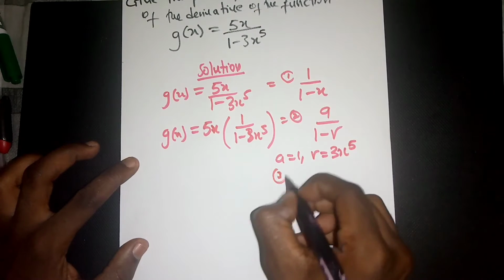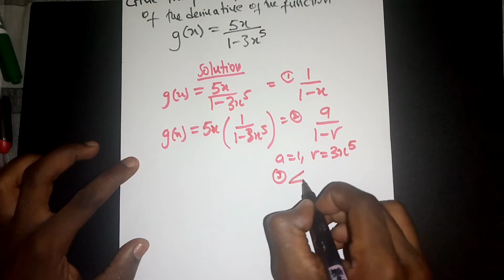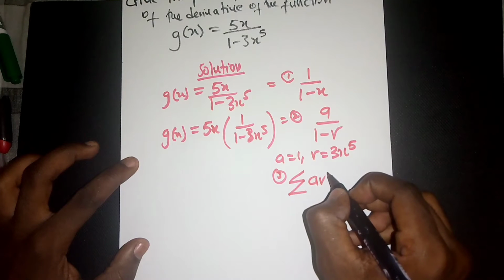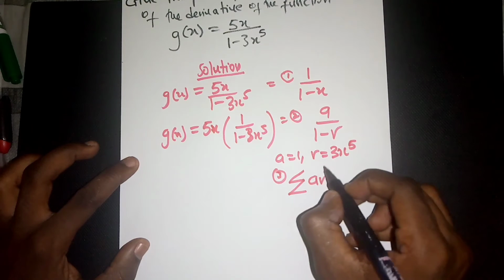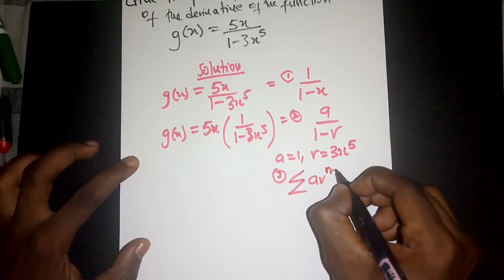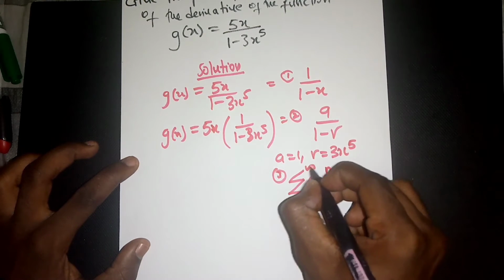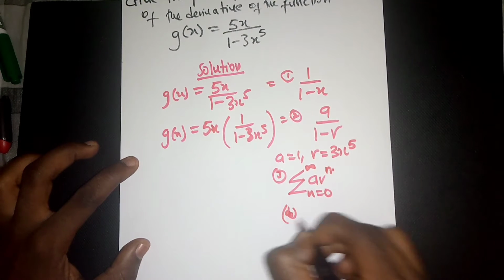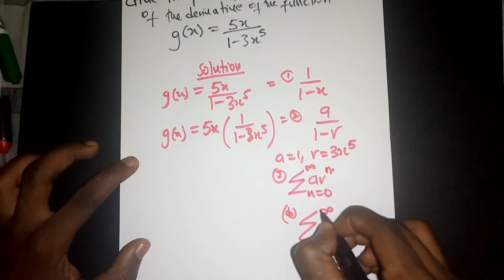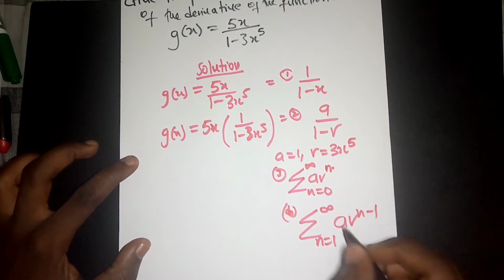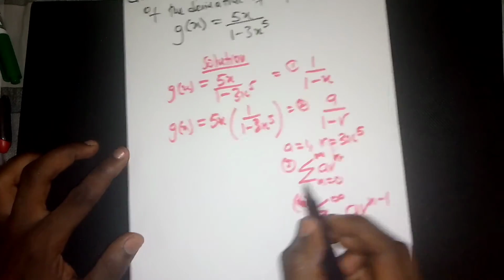The third thing we are going to do is represent the series as a geometric sequence, the sum of ar to the power n, from n equals 0 to infinity. The second option is that we can start from 1, so that we have ar to the power n minus 1, but normally I prefer this, so you can use this.